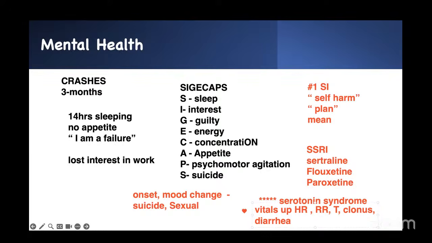Agitation, confusion. So if they give you a select-all-that-apply, assuming I give you a select-all-that-apply, right? And I say, oh, serotonin syndrome. Which of these is consistent with that? I give you heart rate down, right? I give you constipation, right? I give you blood pressure elevated.